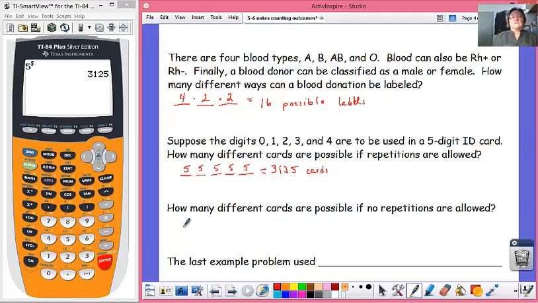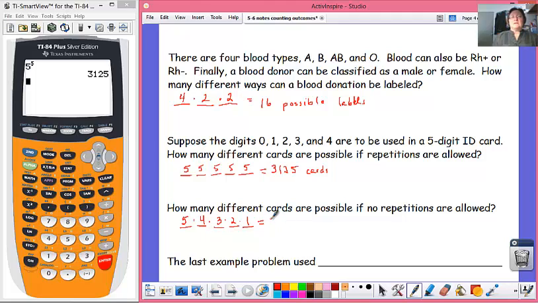If you don't allow for repetition, you still have a 5-slot problem, but things change. The first digit, there are 5 choices for that. The second digit, since you can't have repetition, one of your possibilities is gone, so you're down to 4, then 3, then 2, then 1. And I'm going to ask you to think about this. Can you think about the name of that kind of multiplication where each time you're going down by 1?